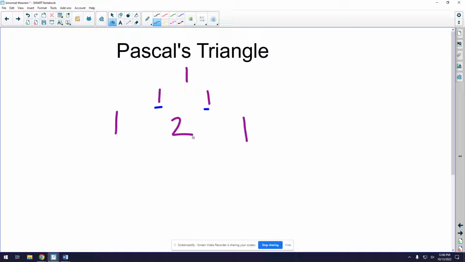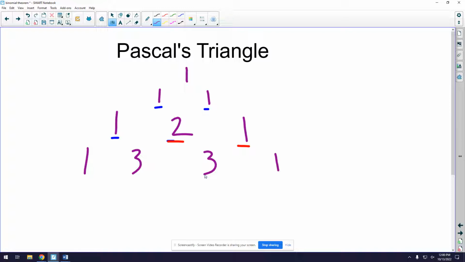So the third row is 1, 2, 1. Now I'm going to expand it again. 1s on both of the ends. Now I'm going to add 1 and 2 gives me 3, and 2 and 1 gives me 3.